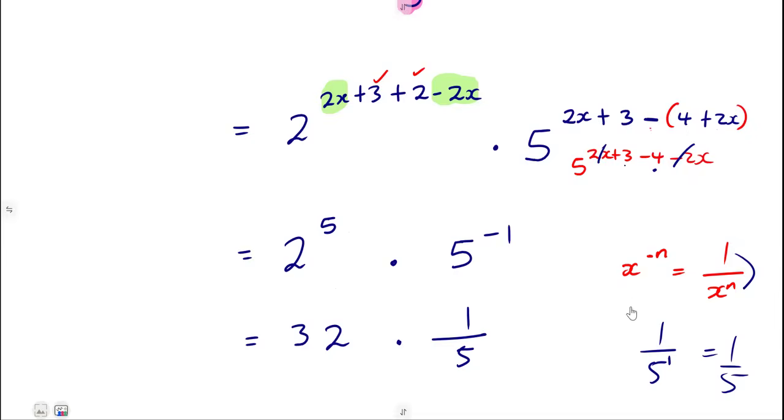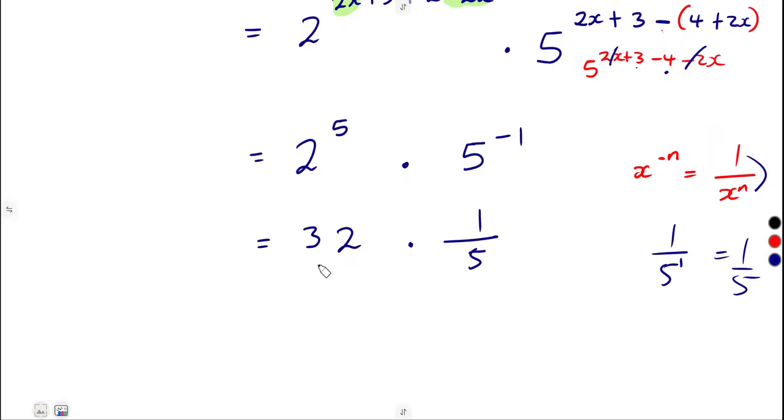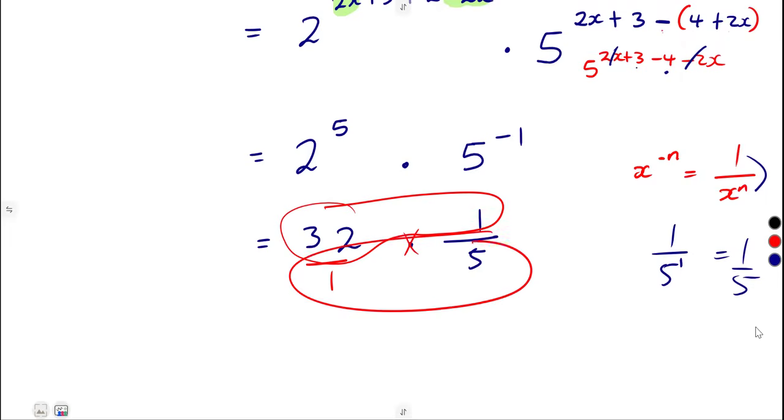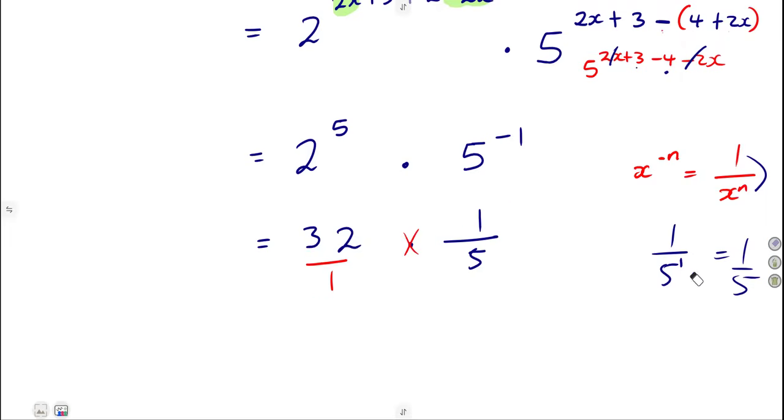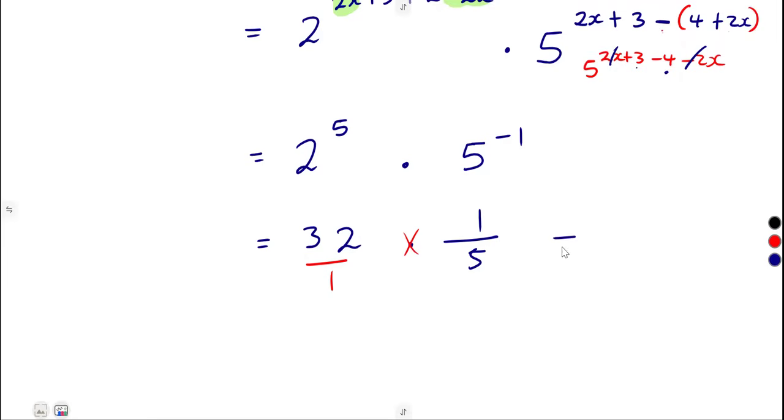So there it is just a multiplication, guys. You are multiplying 32 over 1. 32 can be written as 32 over 1. So we know that for a product, you multiply the numerators together and the denominators together. So at the end of the day, we have our answer: 32 times 1, that's 32. 1 times 5, that is 5.